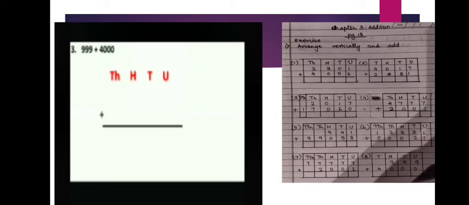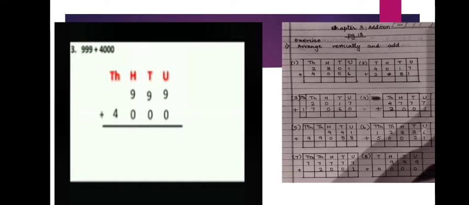First you will write 999, 9 units, 9 tens and 9 hundreds. Right, children? Then you will write the second number: 0 at units place, 0 at tens place, 0 at hundreds place and 4 at thousands place.